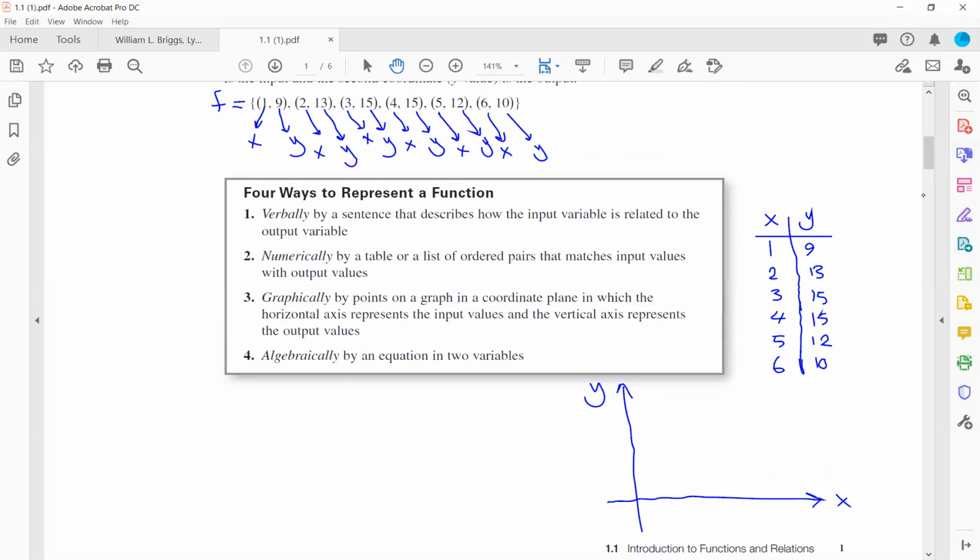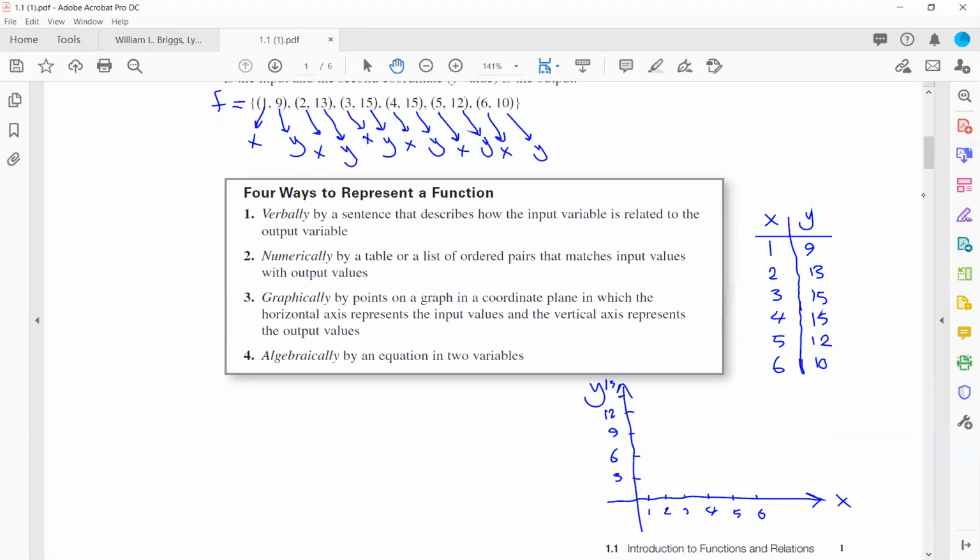On the y-axis, I have 9, the smallest value, and the largest value is 15. Okay, we'll scale it this way: 3, 6, 9, 12, and 15. And here we have 1, 2, 3, 4, 5, and 6.